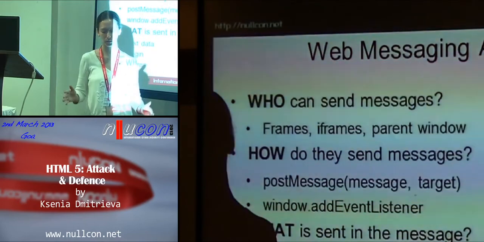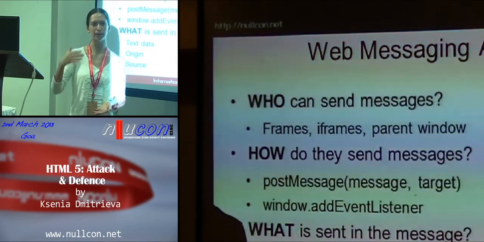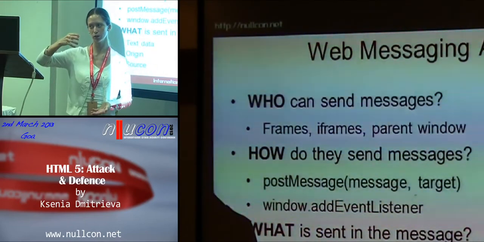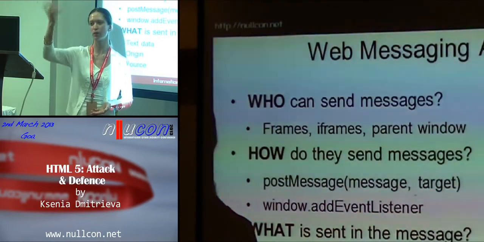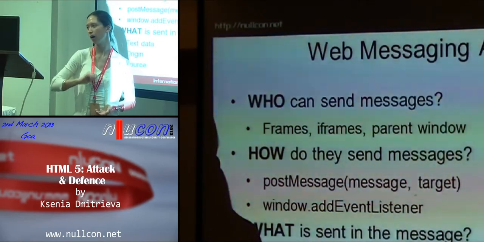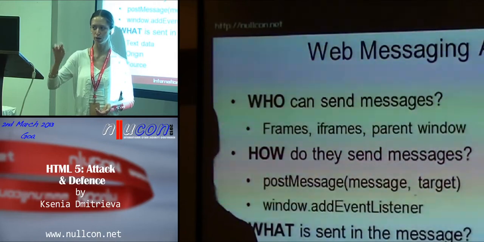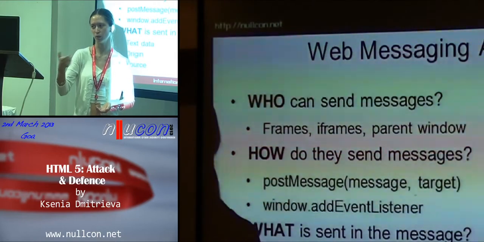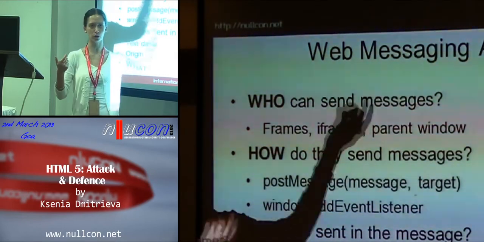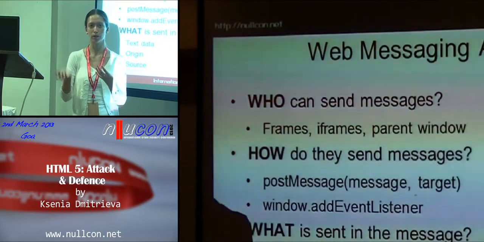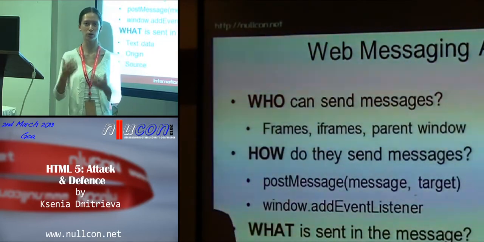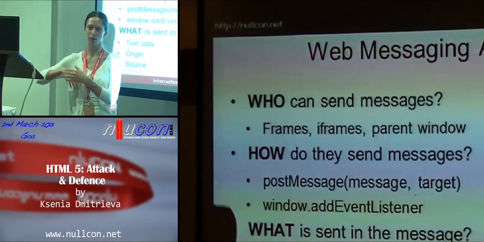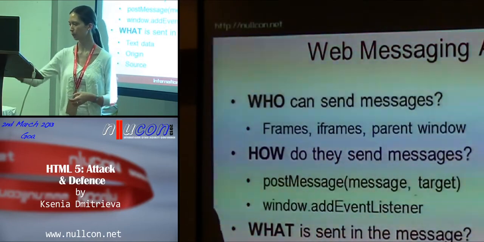So if you have a parent document and it's listening to a function, it receives the message and says event.source, it will get the JavaScript link to the source that sent the message. So this way you can send a response. So you get event.source.postMessage and send something else in the response.